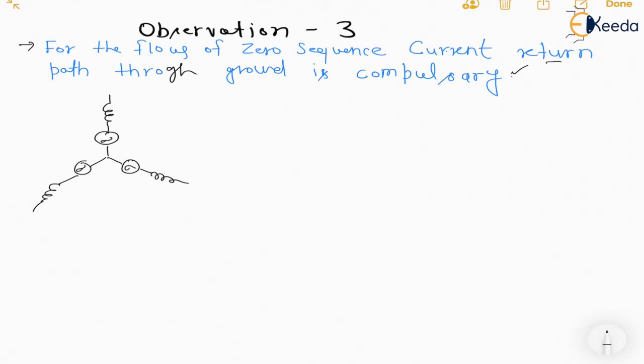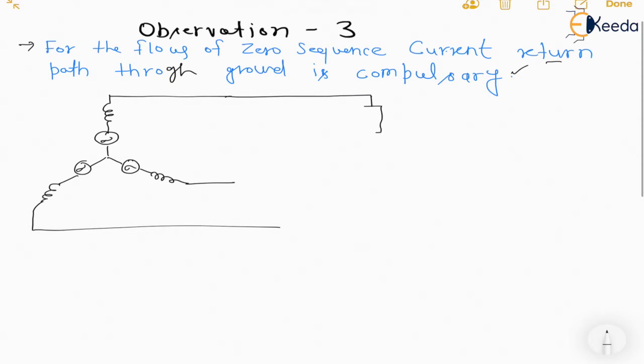Later on we will discuss the voltage development, whether it is developing in positive sequence network or negative sequence network or zero sequence network. We will study that later, but I am giving the example to understand this particular concept.